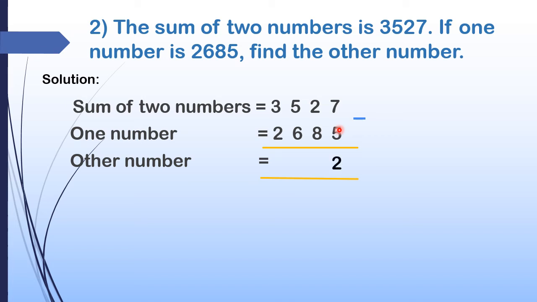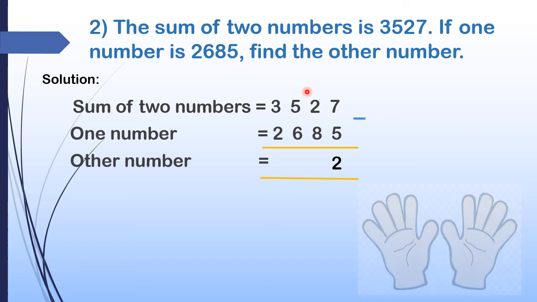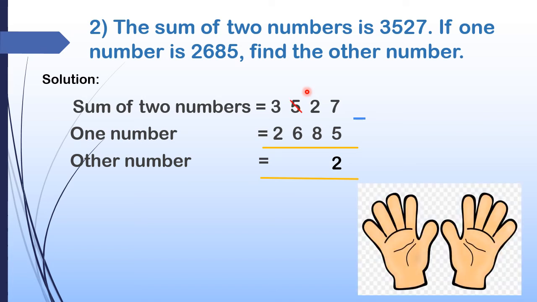2. So 2. Now 2 minus 8. Can we subtract 8 from 2? No. So we have to borrow from the previous digit. What is the previous digit here? 5. So 5 changed into 4.